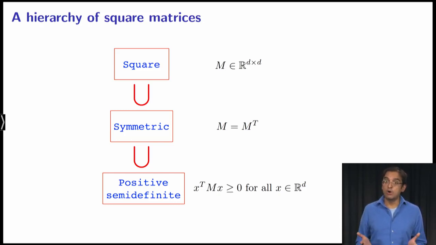This is a special property. An even more special case is when the quadratic function defined by the matrix, x transpose Mx, is always greater than or equal to 0, no matter what x you plug in. These are the positive semi-definite matrices. They arise all the time in machine learning, and we rely upon them very heavily in many different contexts.